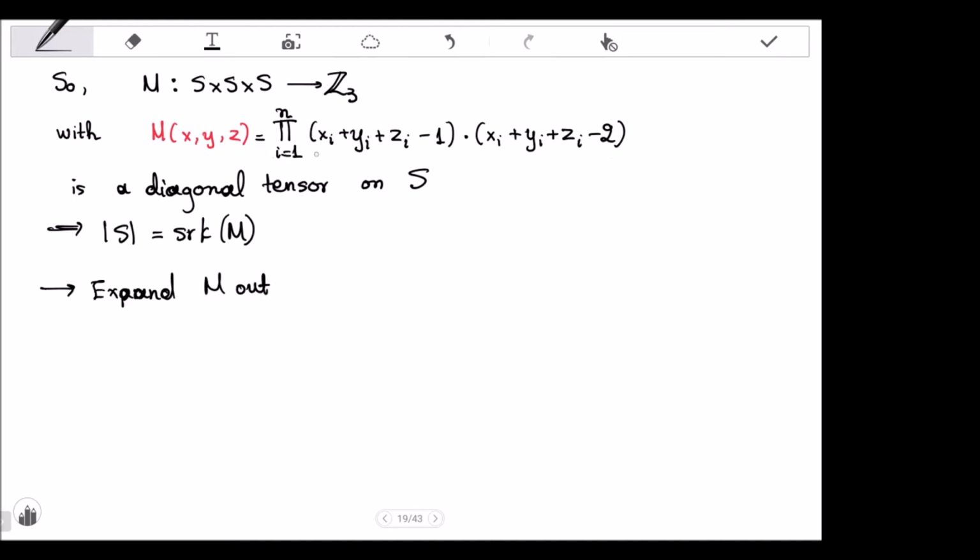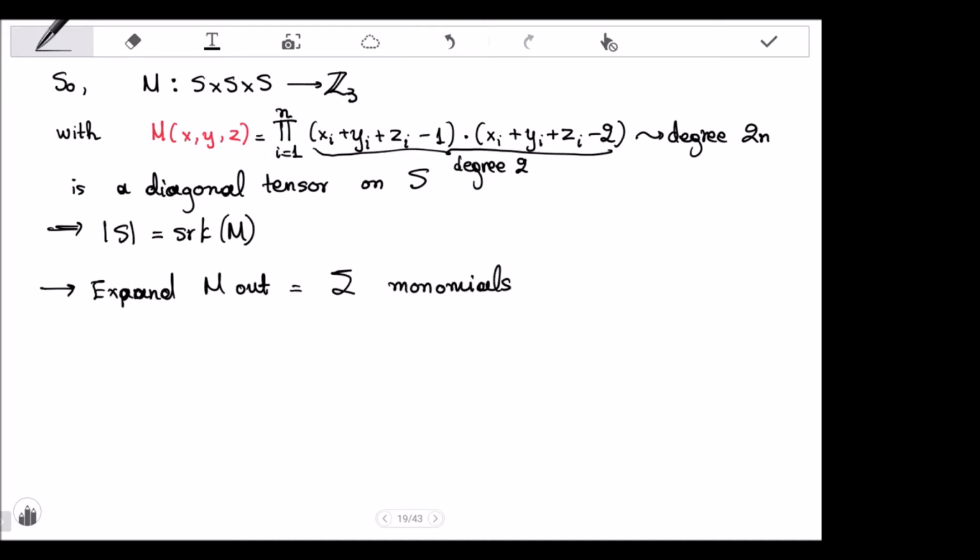Right, what do we have here? For every i, this has degree 2. So you multiply out this x_i, y_i, z_i, you just get a degree 2 polynomial. So when you multiply n times, you're getting a degree 2n polynomial. Okay. So this means that M is a sum of monomials.